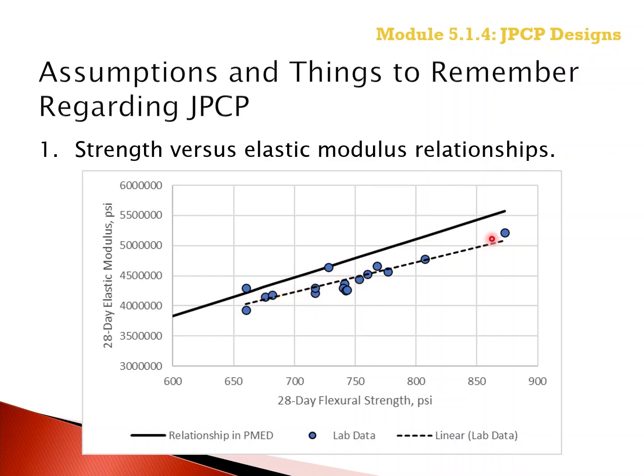So the dashed line is simply the best fit line for the laboratory measured flexural strength versus elastic modulus in comparison to the solid black line, which is the regression equation included in the PMED software.